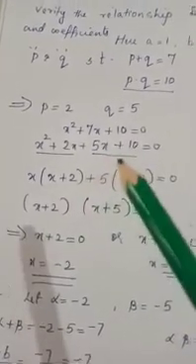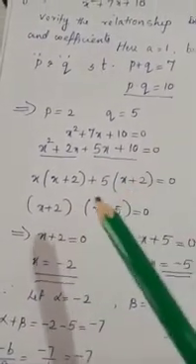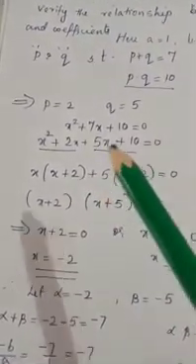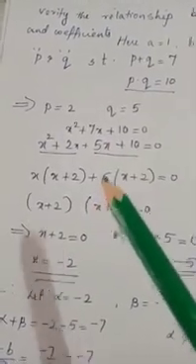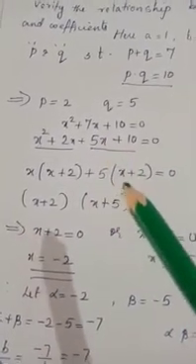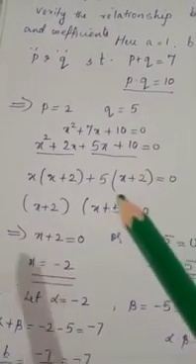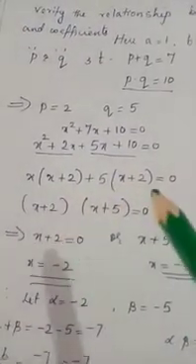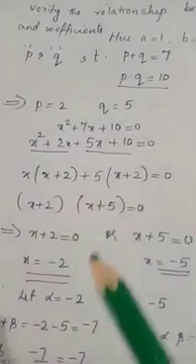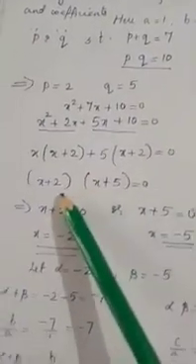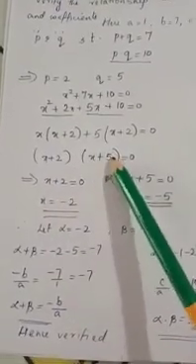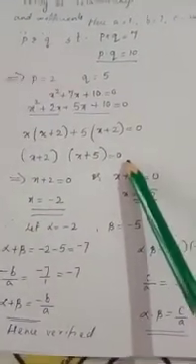From the last two, we can take out 5. So, plus 5. When you take out plus 5 from here, x will remain here and the second term 2 will remain. So, x plus 2 is common in these two. So, we can take out x plus 2. So, x plus 2 into x plus 5 is equal to 0.